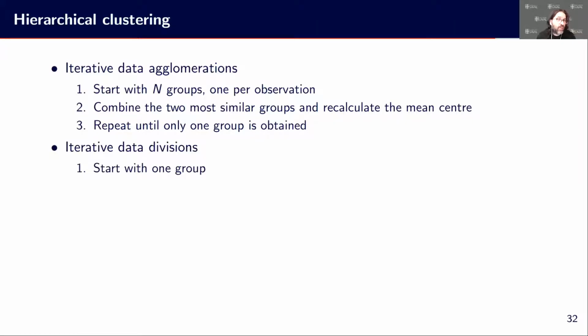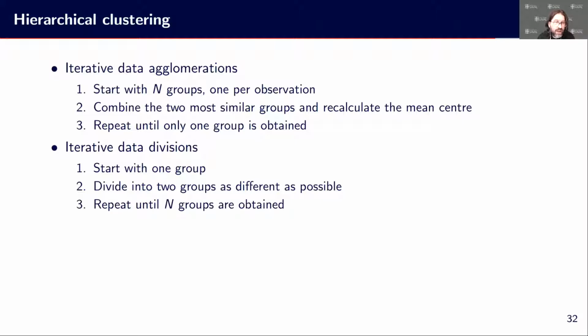We also have the opposite approach. In opposition to data agglomeration, we have the data splitting, or division, approach, where we start with one group. We say everything is in one group, and then we look at dividing the group in two, and we have some criterion to say this is the right way to split. So we need some heuristics that make the split, and we repeat this until n groups are obtained.